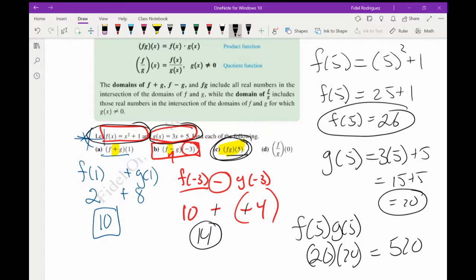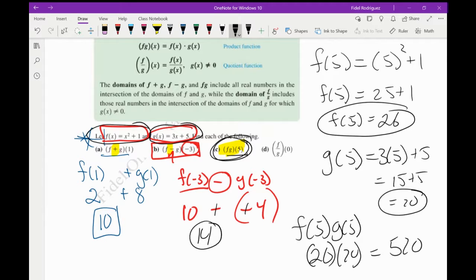Whatever the operation is in the middle, we are dividing.